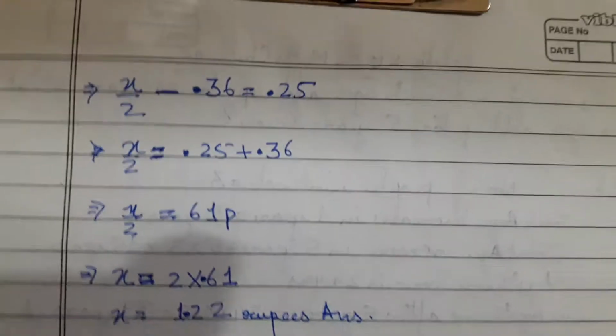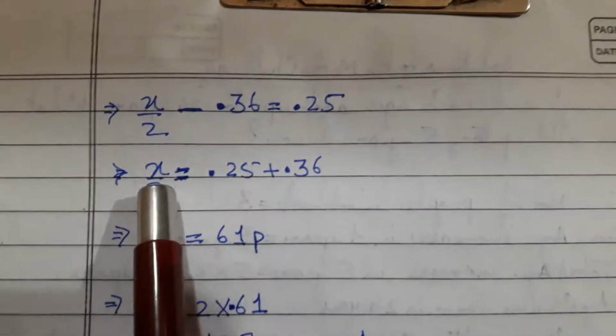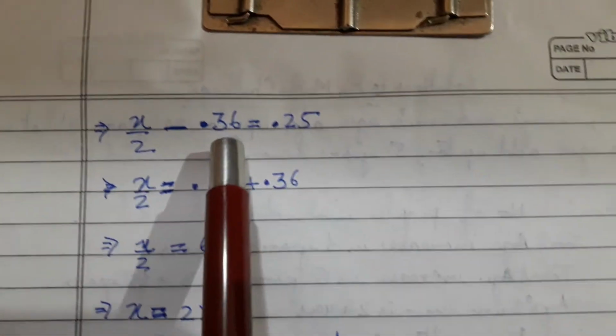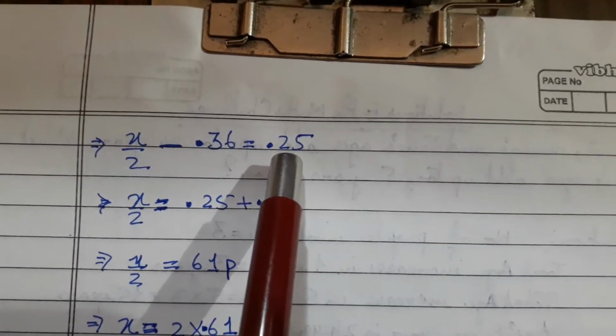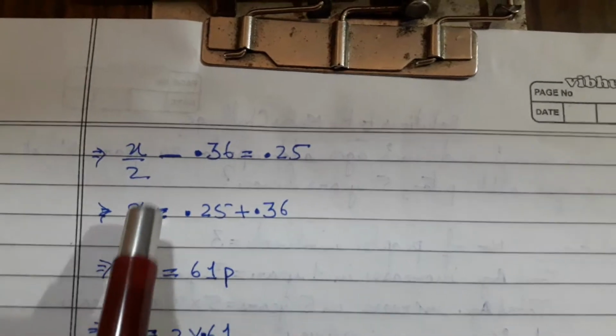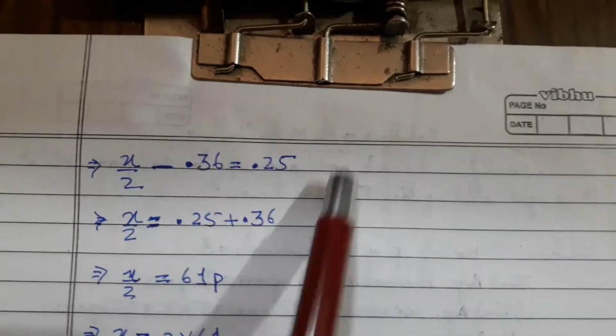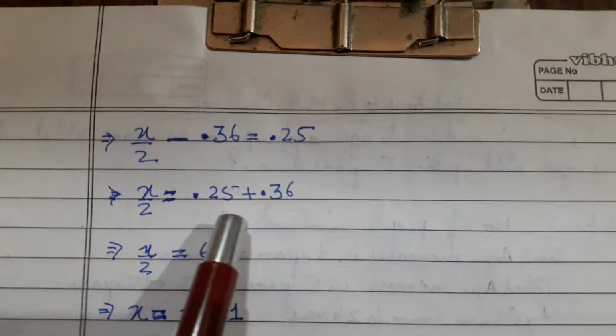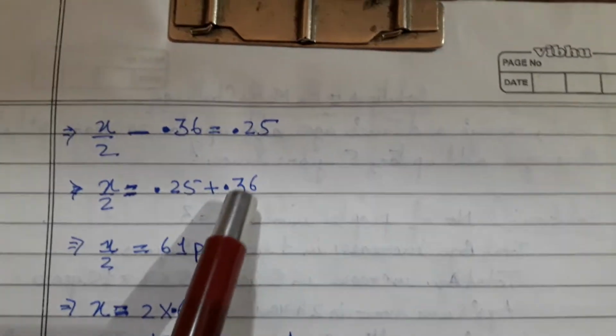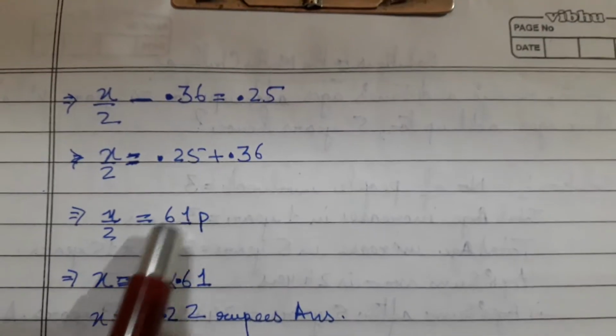Just hold on. So X by 2 minus 0.36, that is 36 paise, is equal to, he's left with 0.25 rupees, right? So 25 paise he was left with. So minus 0.36 is here, and when we take it to the other side, the sign changes, as I've told you earlier in the classes. So it becomes 0.25 plus 0.36. So X by 2 is 0.61, 61 paise.